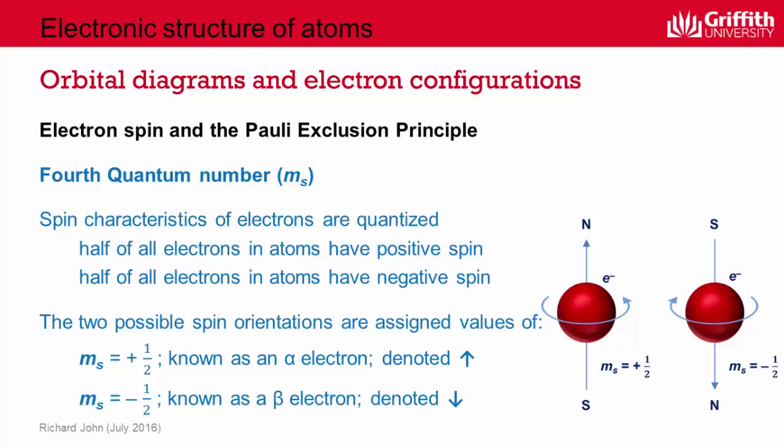So we have positive spin or negative spin, spin up, spin down, ms plus a half, ms minus a half, is some of the language that we use around this 4th quantum number.